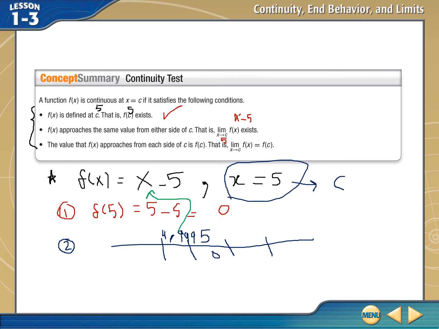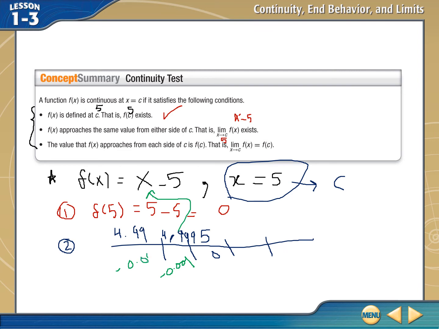The answer will obviously be negative 0.001. If you try another number like, for example, 4.99, okay, you are going to find the answer as, but I already know that this is a continuous function. I'm just doing the steps. From the beginning, we knew that this is a continuous function.